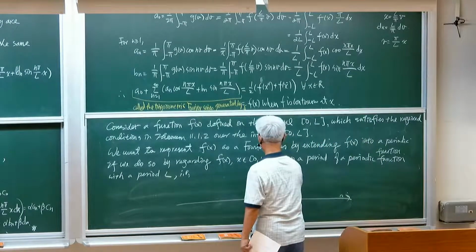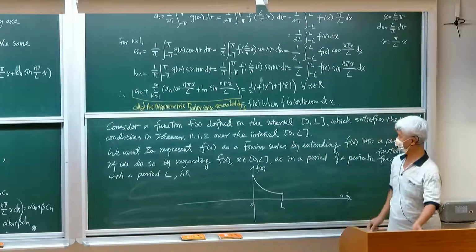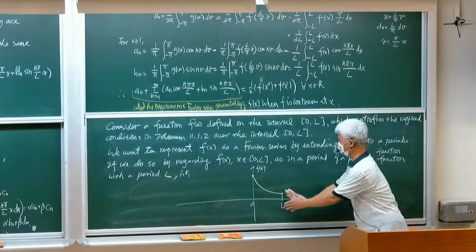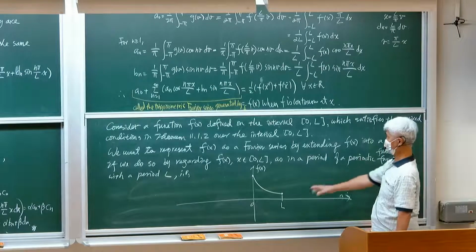So this is f of x from 0 to L. Now, we may regard this function as within a period of a periodic function with period L.